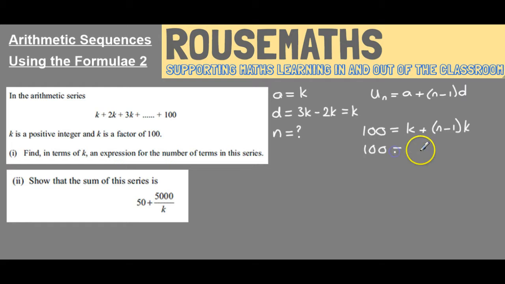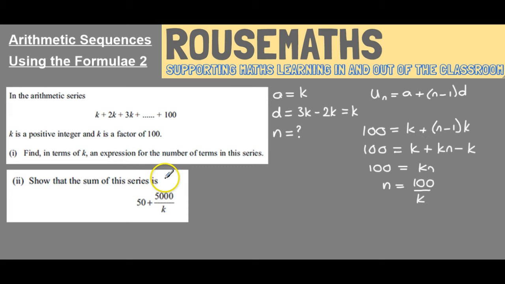If we apply that in the formula, you end up with k plus k times n minus k, which means that 100 is equal to k times n, and with a bit of rearranging you can see that n is equal to 100 over k. So that's how we've managed to find, in terms of k, an expression for the number of terms in this series. We applied what we did know about it, a particular term value, in the individual term formulae.